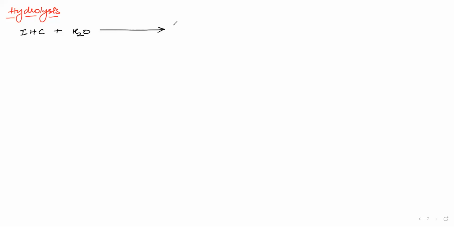You will get a halogen acid, the hydra acid, for example HCl, HF, HI, these type of things, plus you will get an oxy acid of halogen. Now, this halogen acid will be of the more electronegative element. The oxy acid will be made by the less electronegative element.